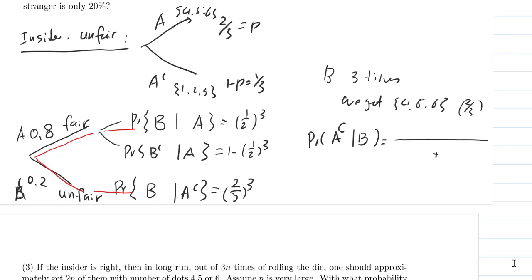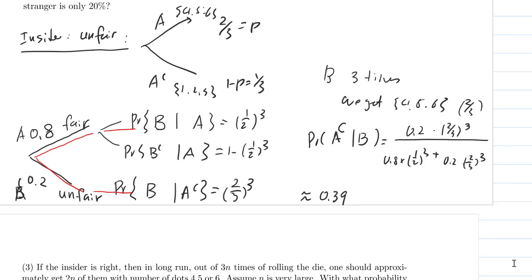The first branch is 0.8 times 1/2 cubed. The second branch, we have 0.2 times 2/3 cubed. And on the top, we look at the branch coming from A complement, so 0.2 times 2/3 cubed. If we simplify this and use a calculator, it's going to be faster, but I believe the answer is about 0.39.